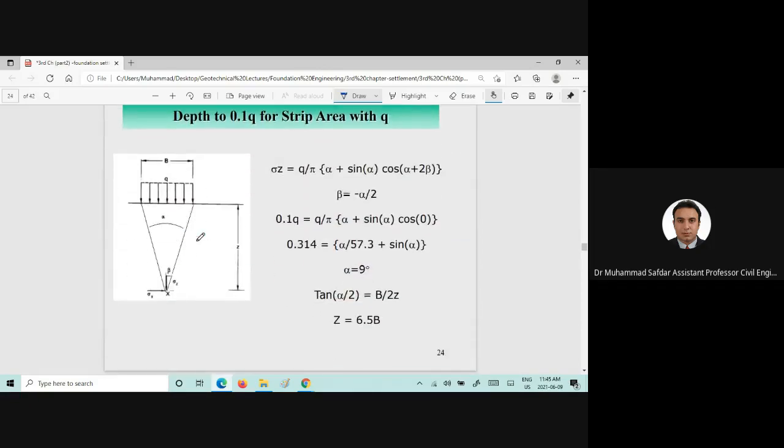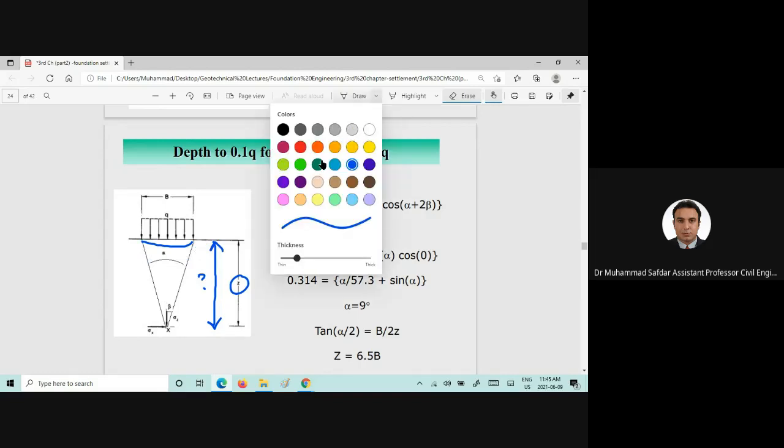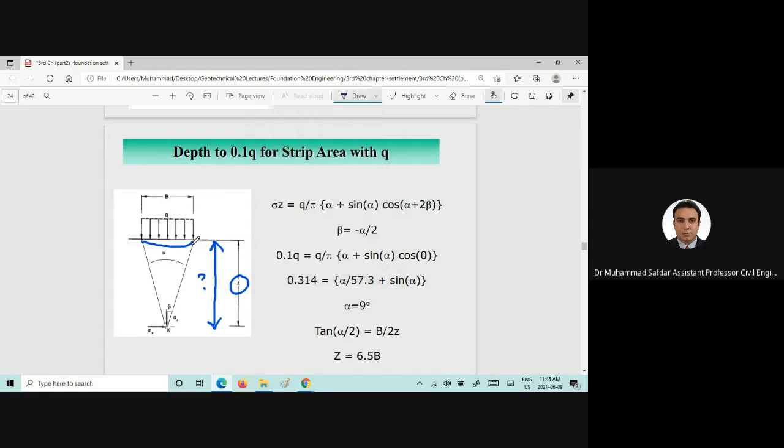Now, if you remember, we talked about this depth Z, what would be the depth Z. For example, if I draw something like this, the pressure bulbs, I'm going a bit far on the right side.